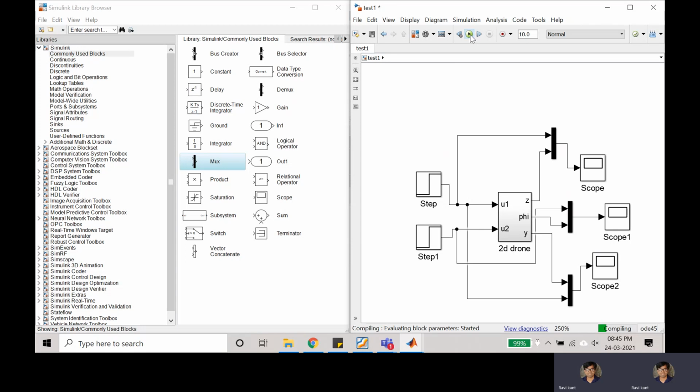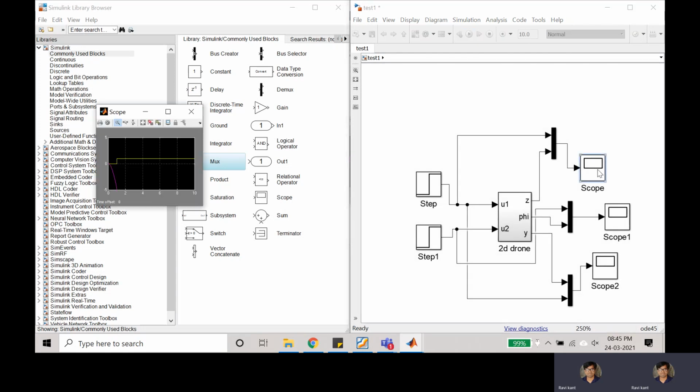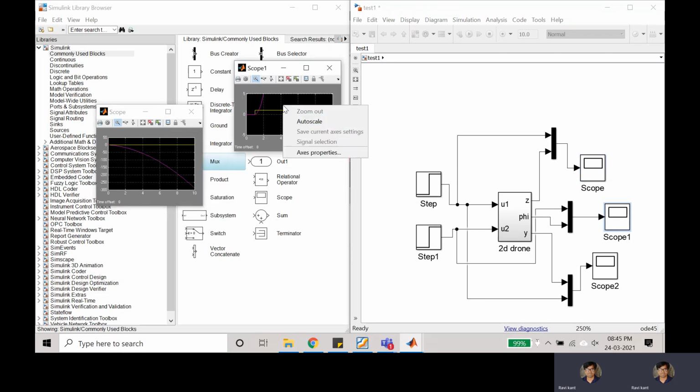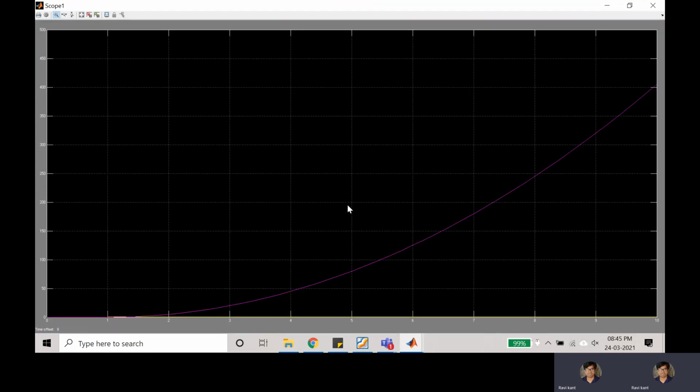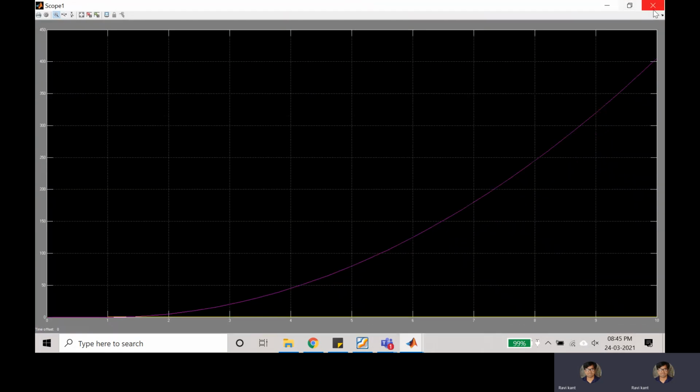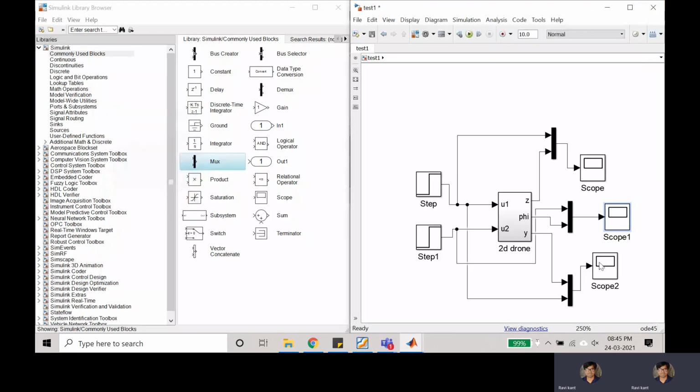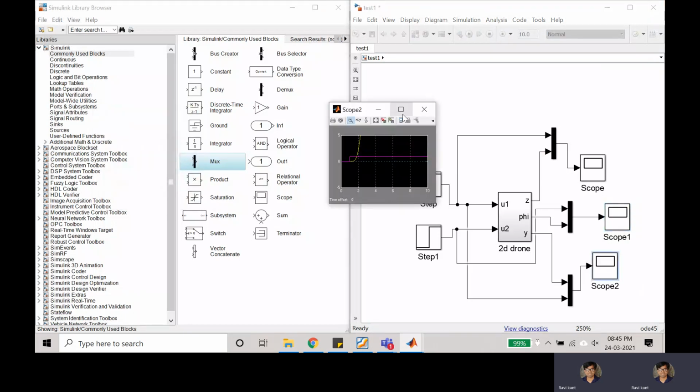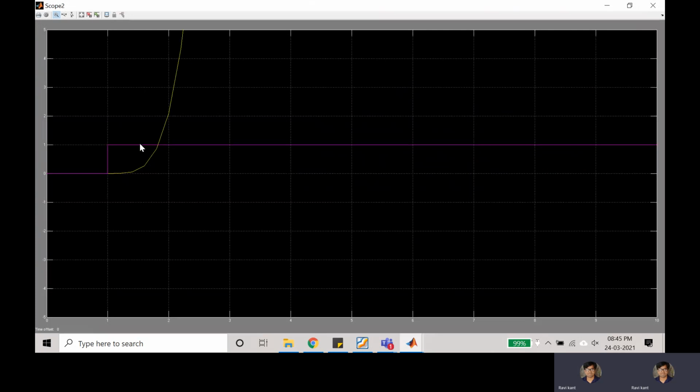So now let's run this and let's see the scopes once again. So you can see that whenever I have given a step input, this is your step input in purple, and this is the dynamics that is behaving.